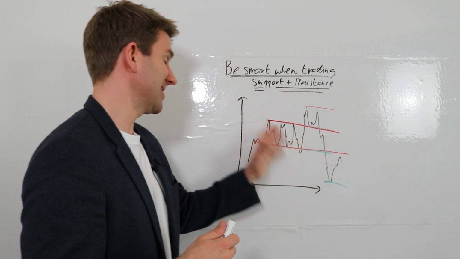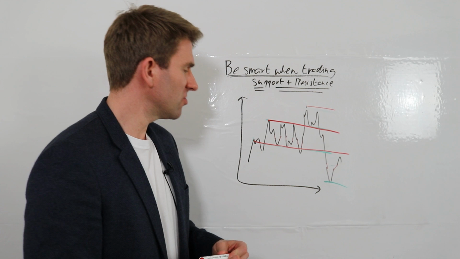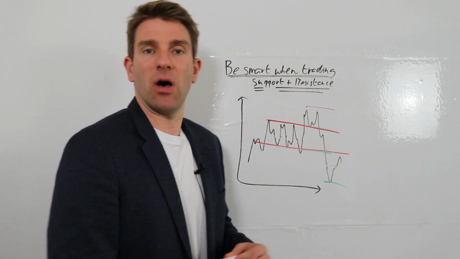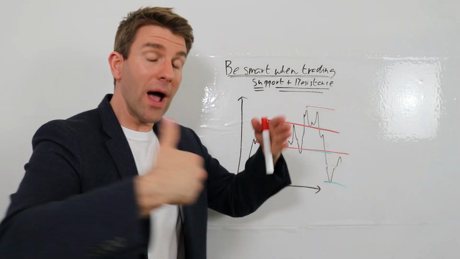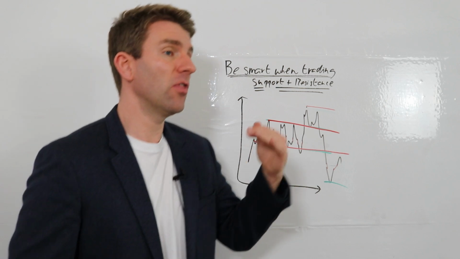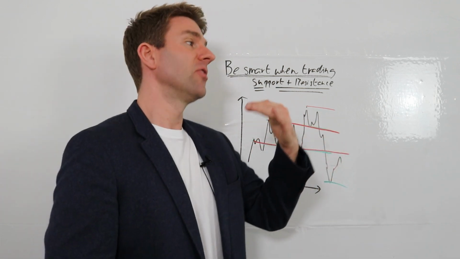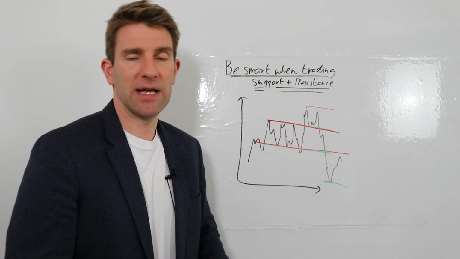Now in this situation, you might say it's range bound and harder to trade. But in a range bound situation, the wider apart the support and resistance, the better. Because we know that the further the market goes, the more stretched it gets, the more likely it is to run out of steam, and the more likely that level is going to hold.